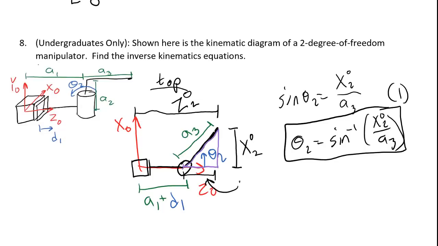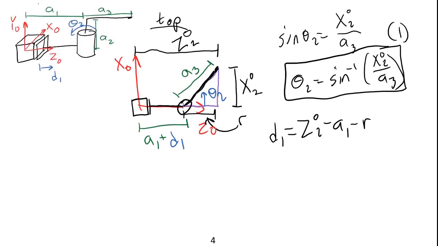I'm going to call that R. Then I can write an equation that says that D1 is equal to Z02 minus A1 minus R. I'm not quite done yet because I haven't said what R is equal to. But I could find R from either theta 2 or by using the Pythagorean Theorem.